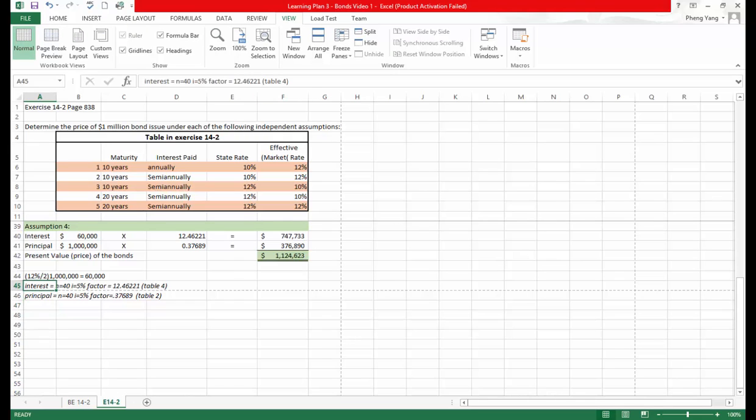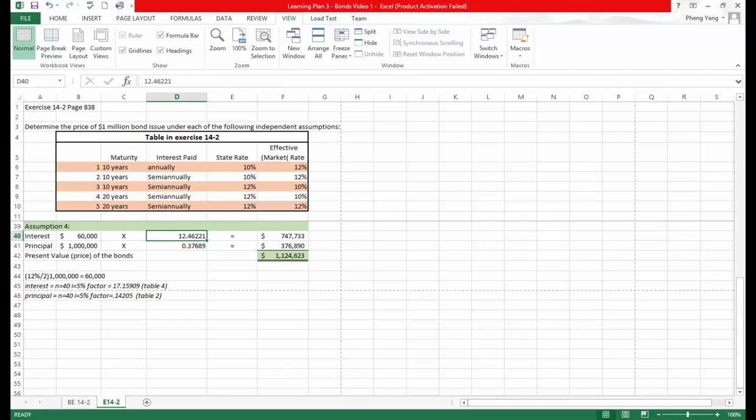With the effective rate of 10%, that makes it 5%. Our principal is also 40 periods at 5%. So if we go to table 4 and look at 40 periods and interest of 5%, our factor is going to be 17.15909. For the principal, if we look at table 2, 40 periods at 5%, the factor is 0.14205.